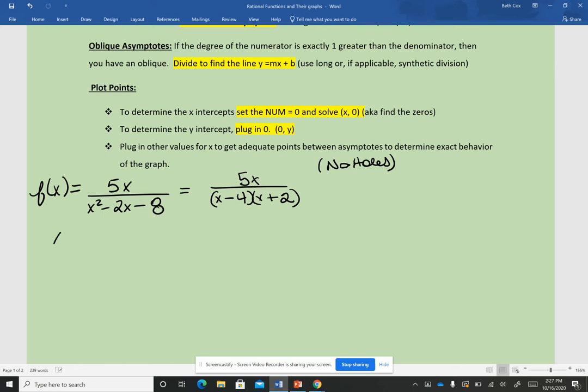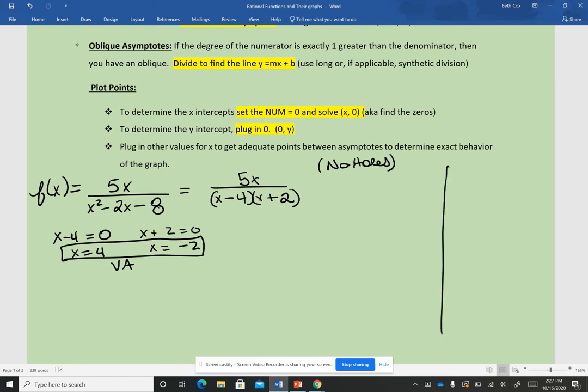So my vertical asymptotes are going to be x minus 4 equals 0, so x equals 4. And then x plus 2 equals 0, so x equals -2. So these are my vertical asymptotes.